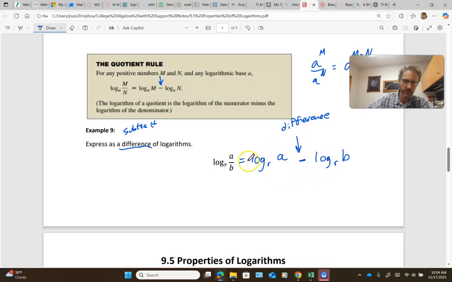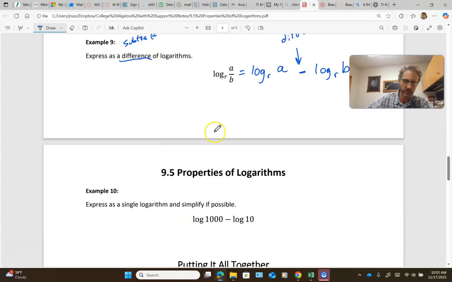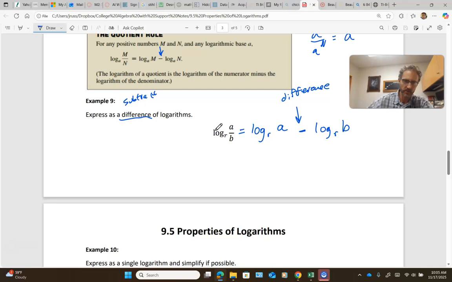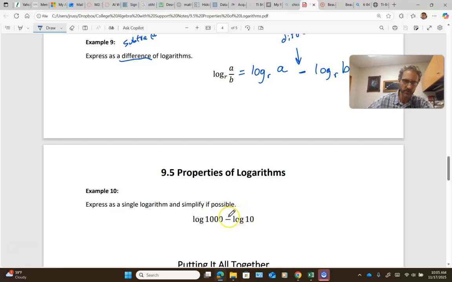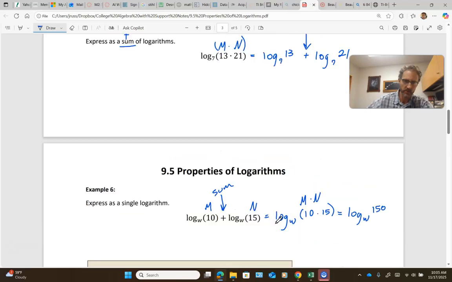Now you can go the opposite direction as well. We do have an example in number 10 here. We have two logarithms that are already separated with subtraction, so we already have a difference of two logarithms. Well, we can condense that down into a single logarithm, similar to how in the previous example we started out with a sum of two logarithms and condensed it down to the logarithm of a product using the product rule.